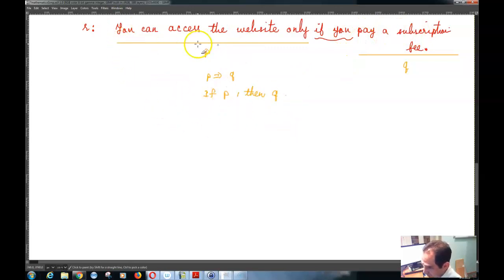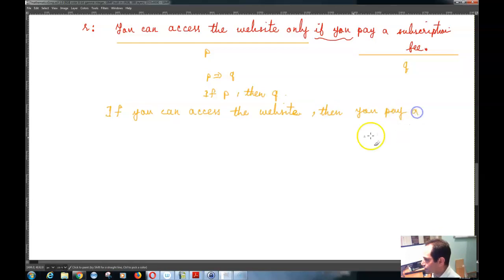Logically, in this logic, it makes sense. I was trying to fit that into human language. It doesn't necessarily always work like that. If you can access the website, then you pay a subscription fee.